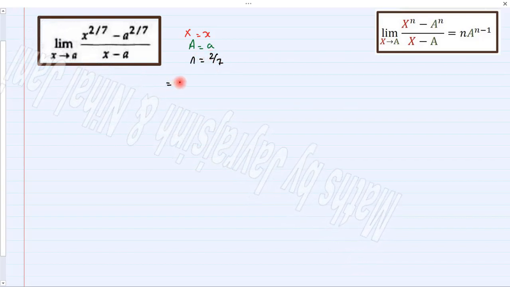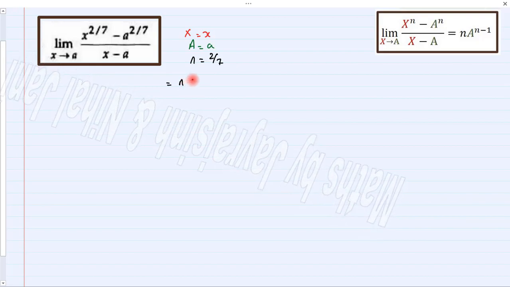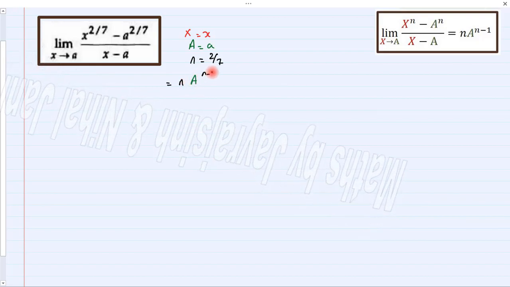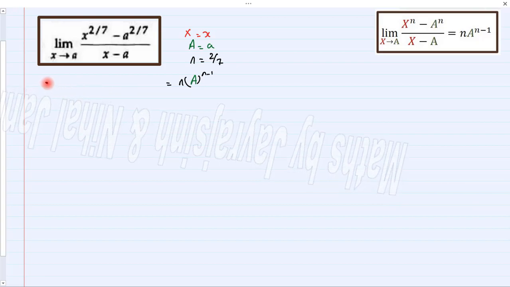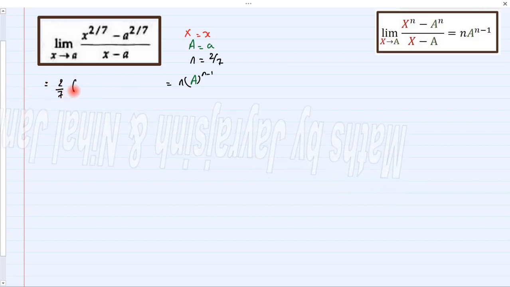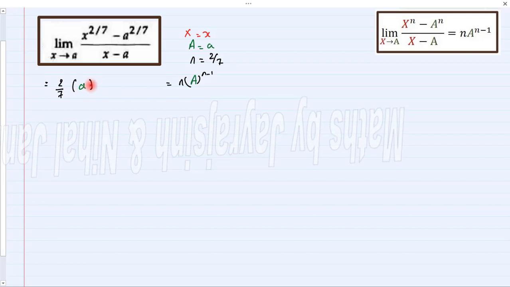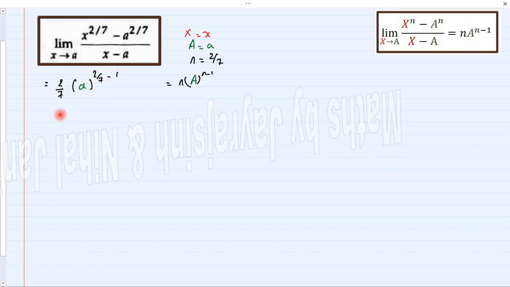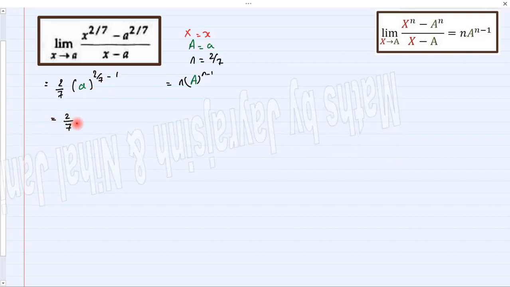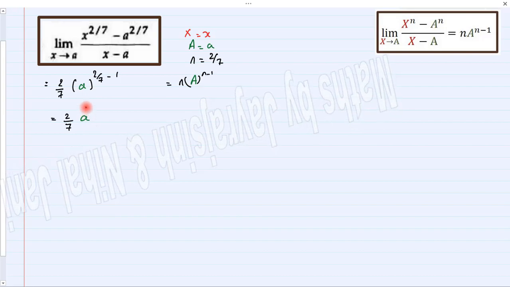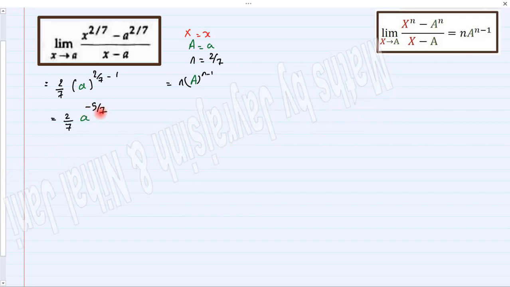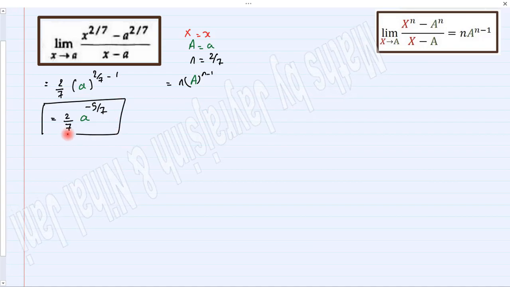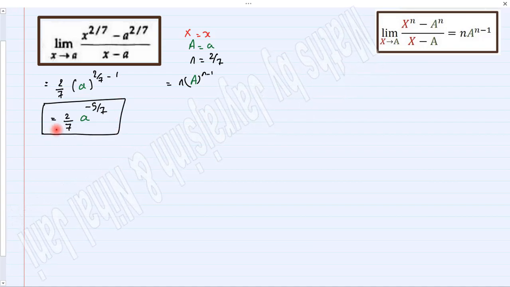So your answer can be obtained by n into A raised to n minus 1. So here we'll get 2 by 7 into a raised to 2 by 7 minus 1, or we can say 2 by 7 a raised to minus 5 by 7 is your final answer. Ta-da!